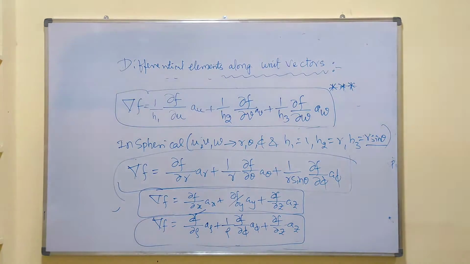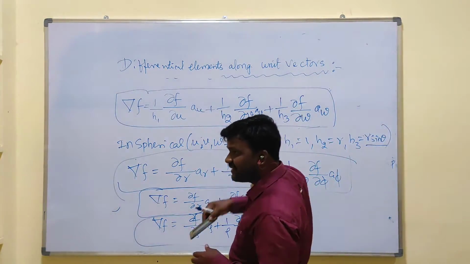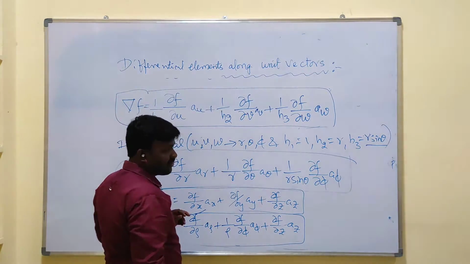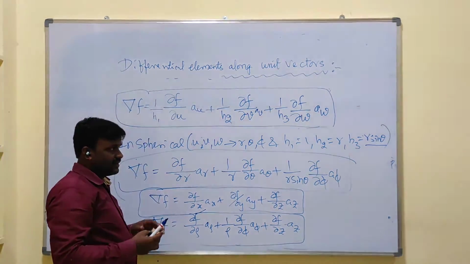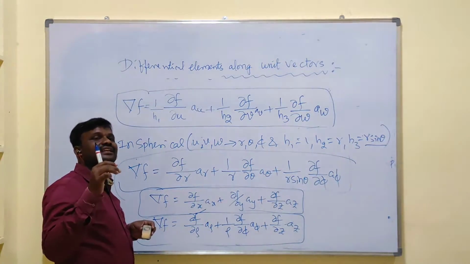How did we derive these formulae? By using h1, h2, h3. Where did you obtain these h1, h2, h3? From the differential elements: dx, dy, dz in the case of the Cartesian coordinate system; in the case of the spherical coordinate system, dr along r, r d theta.